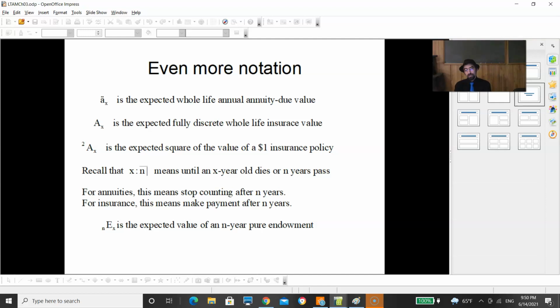For annuities, this means payments stop after n years even if the person is still alive. For insurance, this means after n years, you make the payment, even if the person is still alive. There's other notation for if the insurance is a term insurance. We'll get to that in Chapter 4.